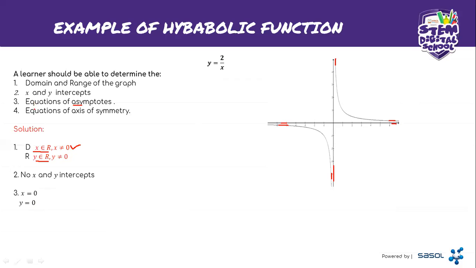Okay. The last one is the equation of the axis of symmetry. Remember, earlier on we talked about the axis of symmetry when we were dealing with the parabola. Now we also have this one on the hyperbolic function.